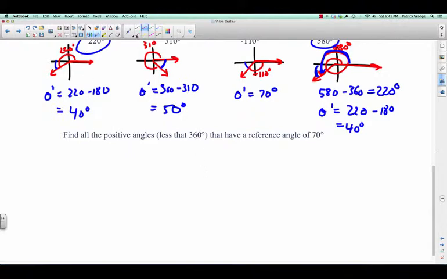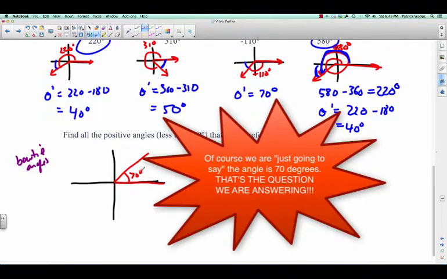So here's a good time for me to introduce you to bow tie angles. You know me, I love ties, so let's draw bow tie angles. So basically what I'm saying here with bow tie angles is if you had a reference angle in the first quadrant, which is, let's just say it's 70 degrees, okay?